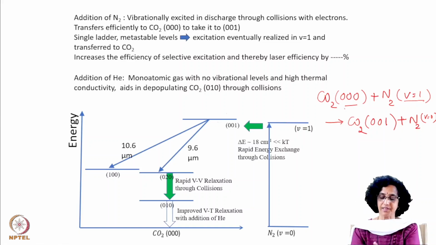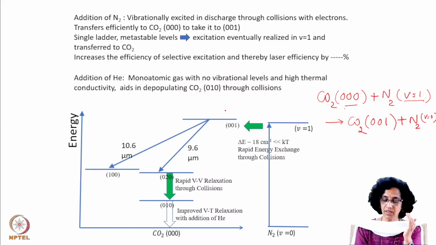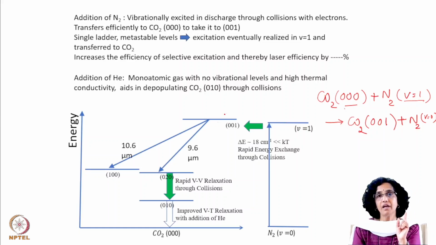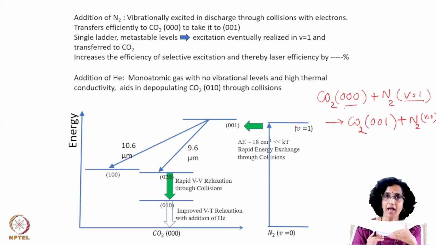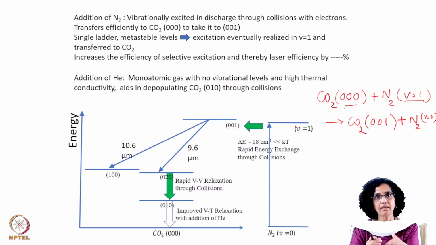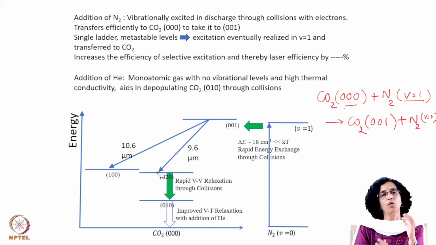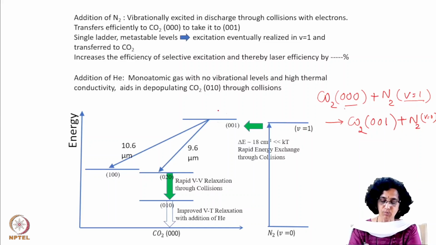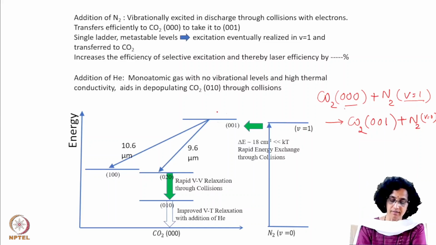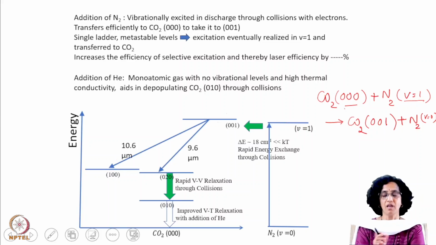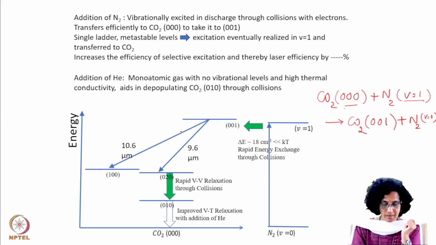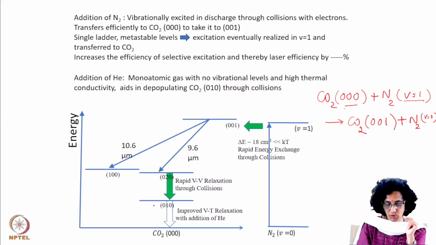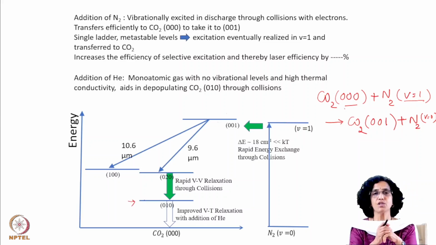So we can have a selective 001 excitation in a CO2 laser discharge with addition of nitrogen, and now in this condition we can think that the lower laser levels are almost empty, and whatever population comes into the 001 in a discharge creates population inversion, because the lower level is practically empty, and therefore lasing can take place. Now the other problem, that is, how do we take care of this bottleneck? How do we make this relaxation much faster?